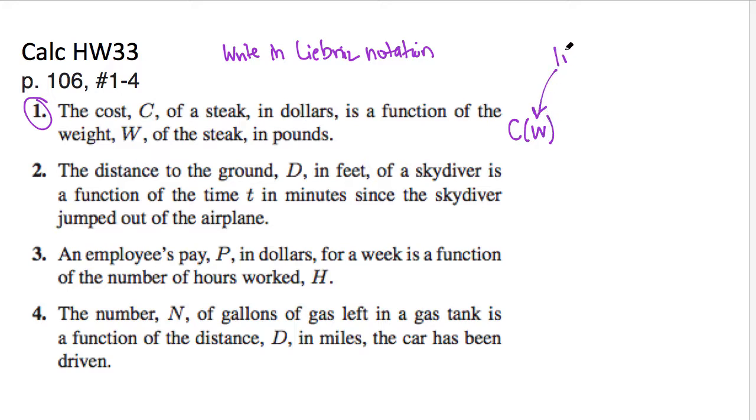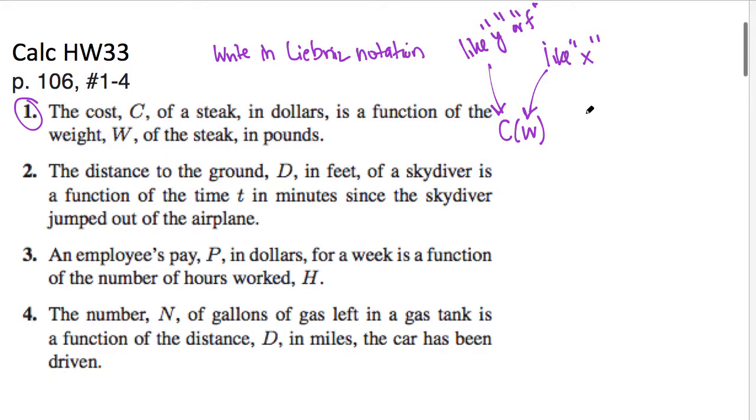And then the C for us is like our y, or our f. So in order to write the derivative of this in Leibniz notation, we would simply write dC dW. Now make sure you use the exact same variables, in this case uppercase letters, for your answer.